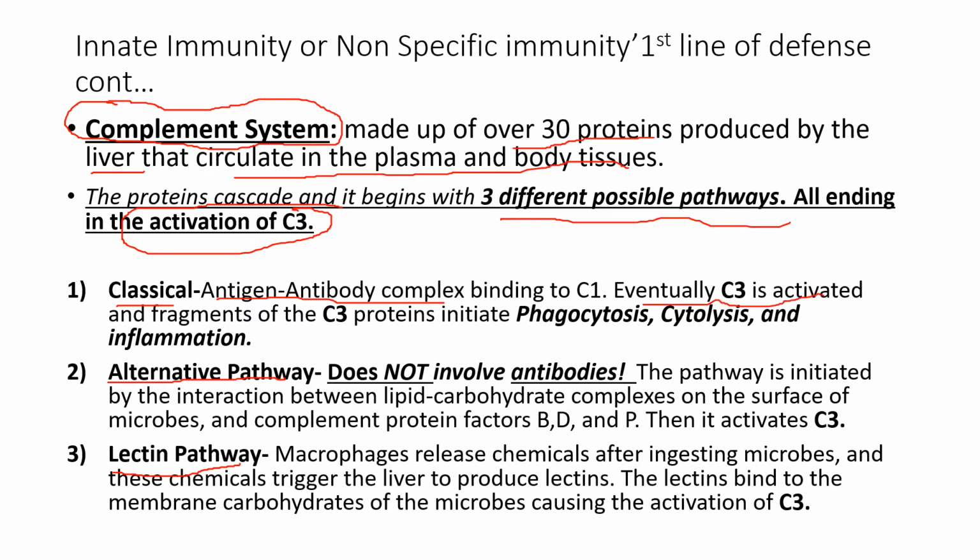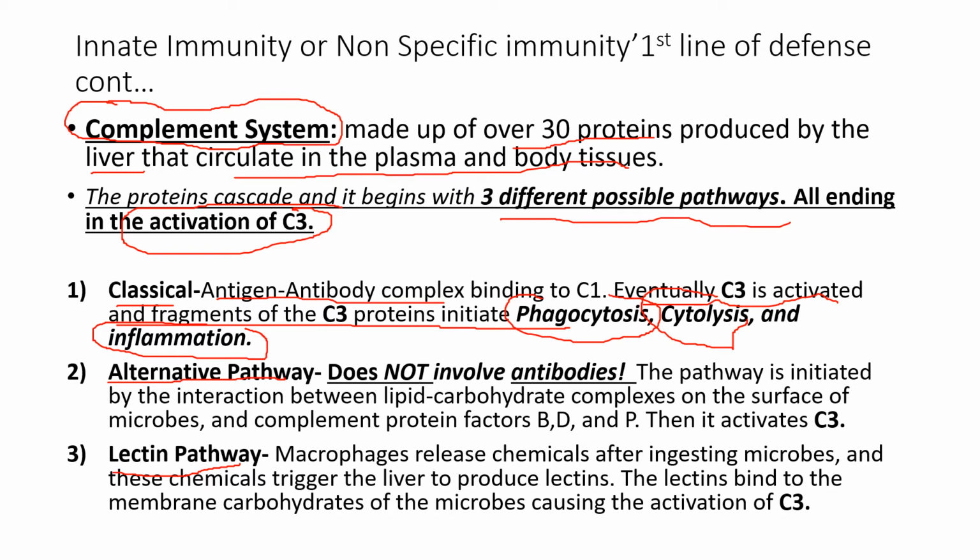And C3 becomes activated, and those fragments of the C3 initiate 3 very important things you can imagine: phagocytosis, cytolysis, and inflammation, all necessary for a healing response. We'll talk about that in a few moments.